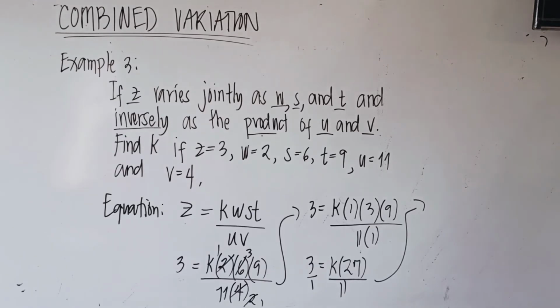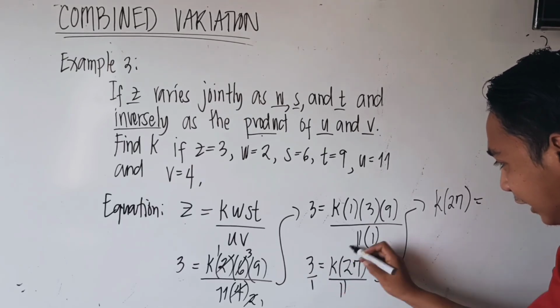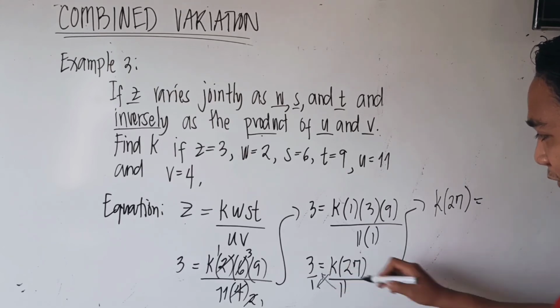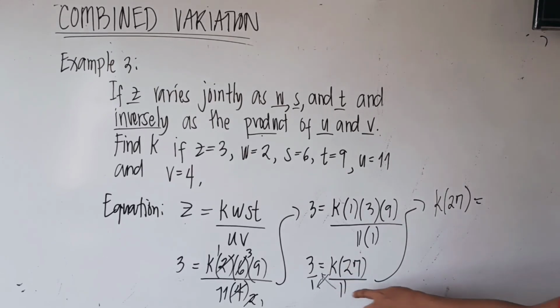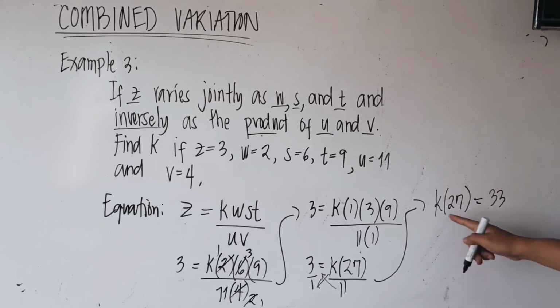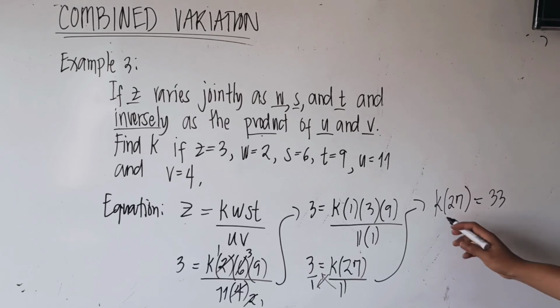Answer pa rin dito is k. 27 equals 3 times 11 kasi cross multiply nga. Yung 11, multiply mo kay 3. So 11 times 3, that is 33. Now, goal natin makuha yung k, yung dapat natin kunin.